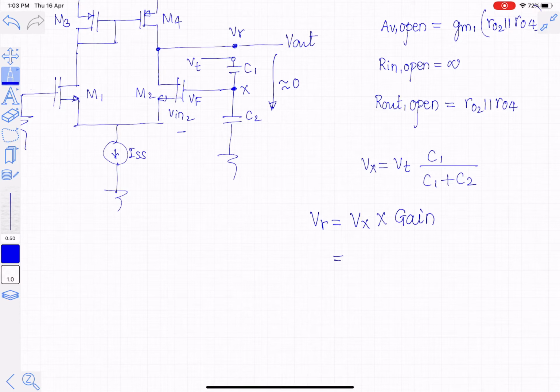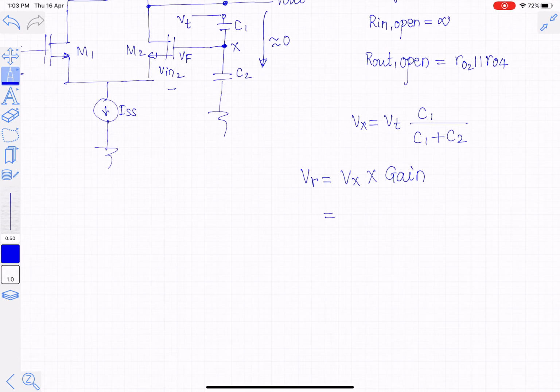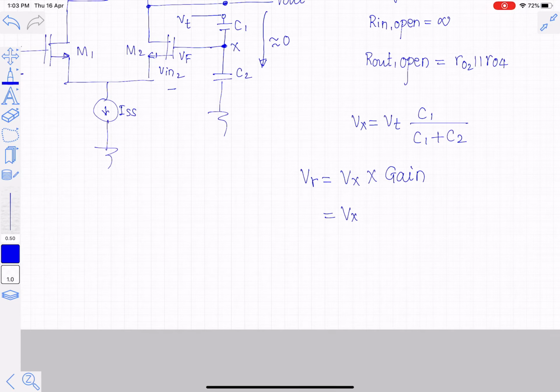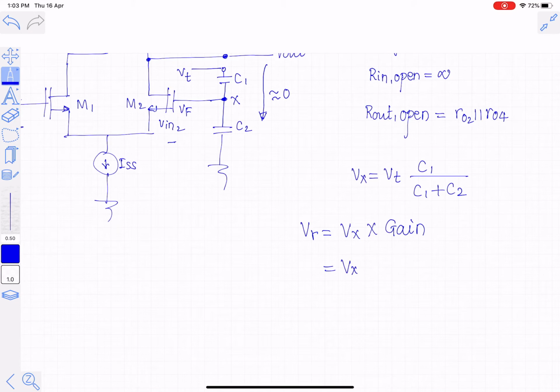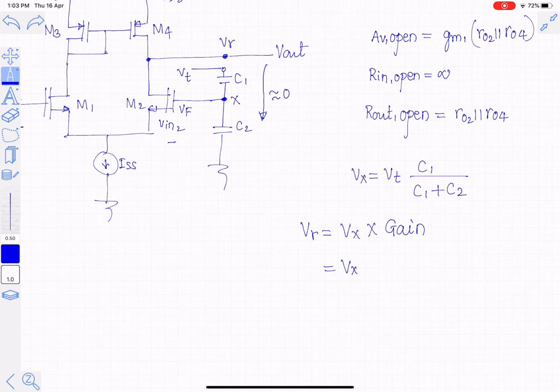What is the gain in this case? So it should be very careful. So gain can be written as, in this case, minus GM1 or 2, that doesn't matter, GM1 RO2 parallel RO4.